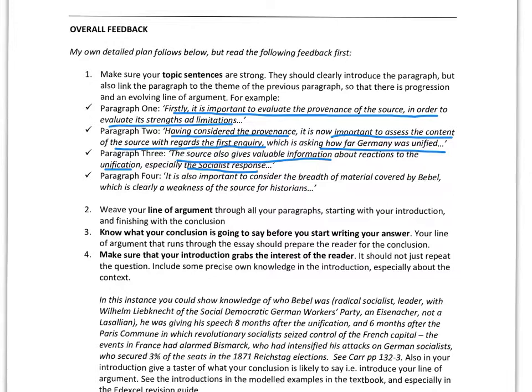And then paragraph 4: it's also important to consider the breadth of material covered by Bebel, which is clearly a weakness of the source for historians. So that's clearly introducing what you're going to do in that fourth paragraph, which is evaluate the breadth and the comprehensiveness of the source. Very, very strong topic sentences that show that you're answering the question.